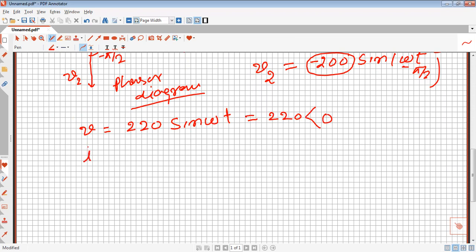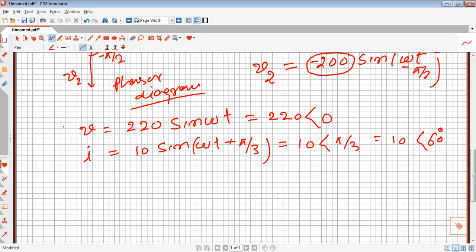And suppose I is written as 10 sine of omega t plus pi by 3, it may be plus or minus, but I have taken plus here. This can also be written as 10 angle pi by 3, or 10 angle 60 degrees.